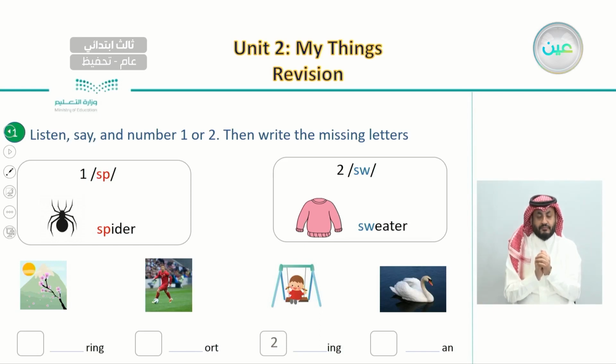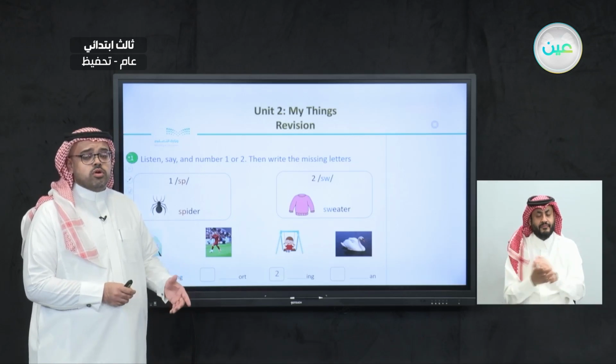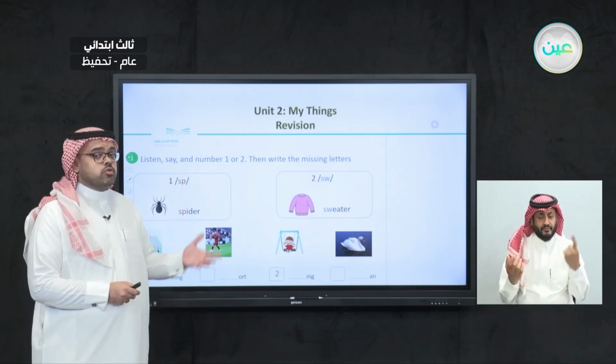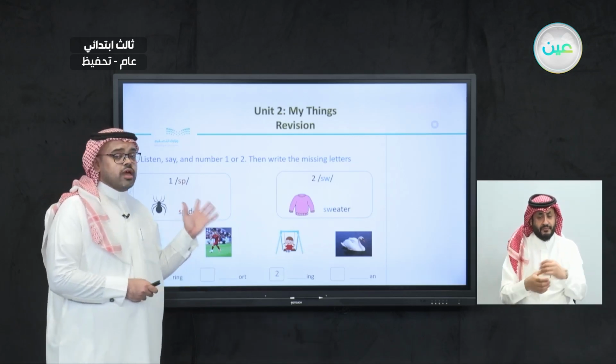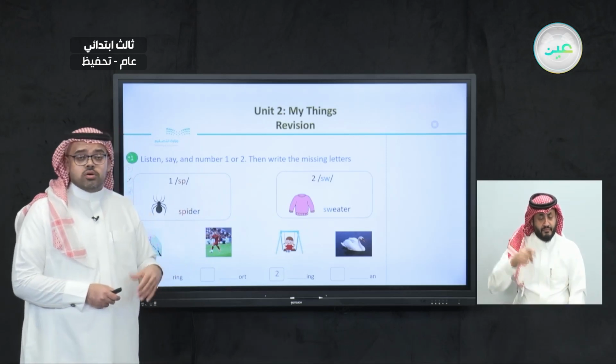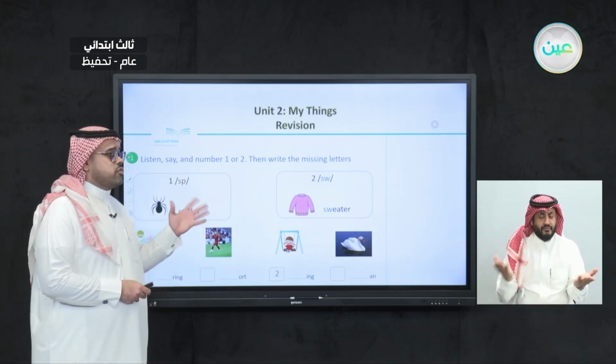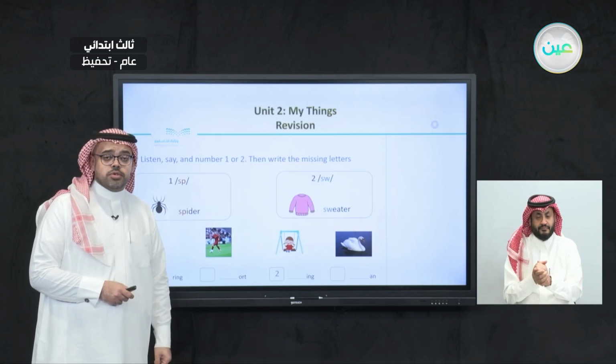So the first word we have is spring. Spring. Say after me, spring. So the word is spring. What do you think this word belongs to? Does it belong to the first sound that starts with S and P? Or does it belong to the second sound that starts with S and W?